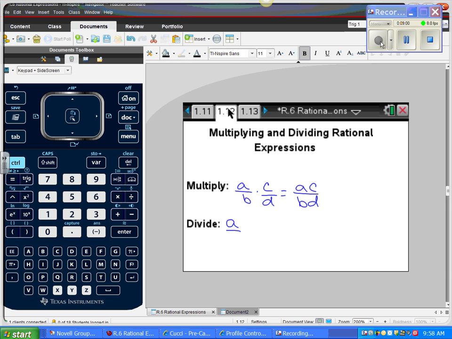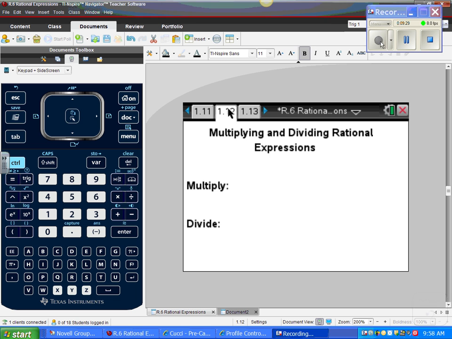Dividing, remember, dividing fractions, we keep, change, flip. Okay, so multiply: numerator, numerator, denominator, denominator. Divide: keep, change, flip. Factor, factor, factor, cancel, cancel, cancel. Okay, so lots of factoring, lots of simplifying. We just have to remember our rules for fractions.